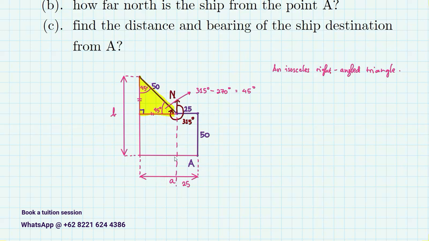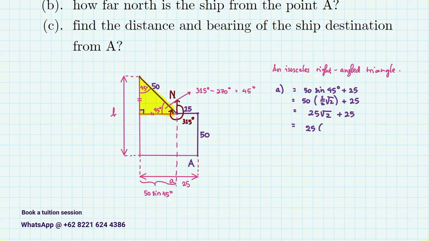So this base, how far west of that last point to the point A is 50 sine 45 degrees plus 25. And sine 45 degrees is half square root of 2. Then we have 50 times half, 25 square root of 2, plus 25. If I factorize the 25, that's just 25 times square root of 2 plus 1 kilometer.